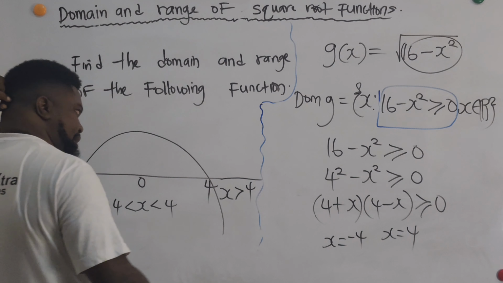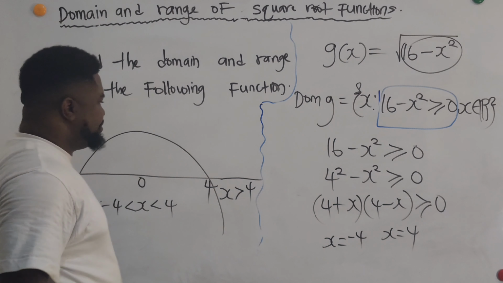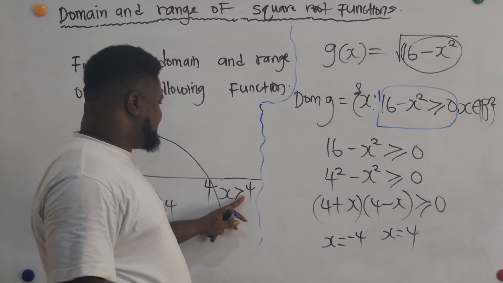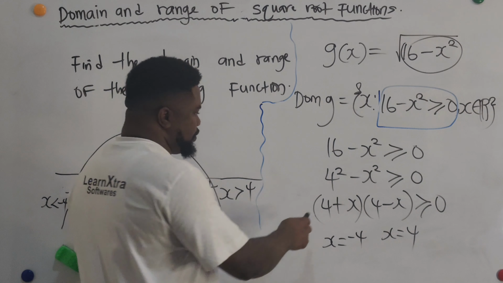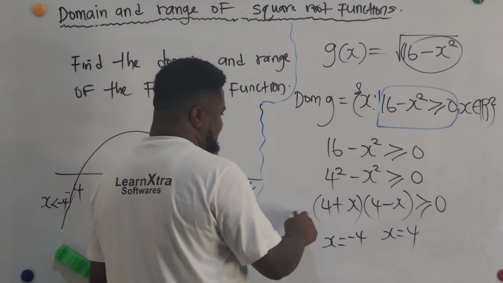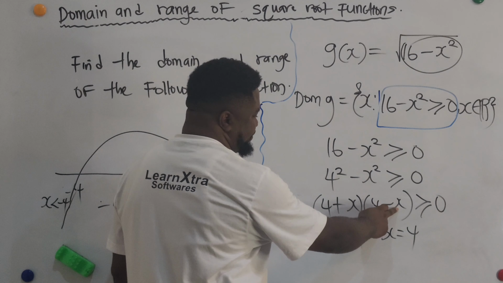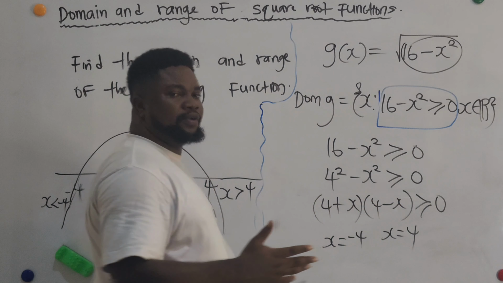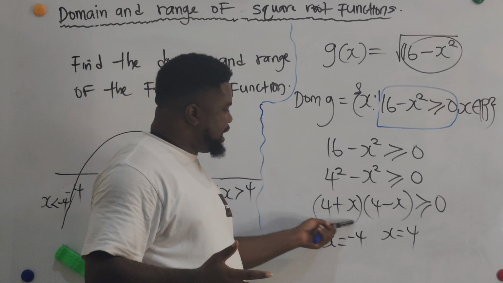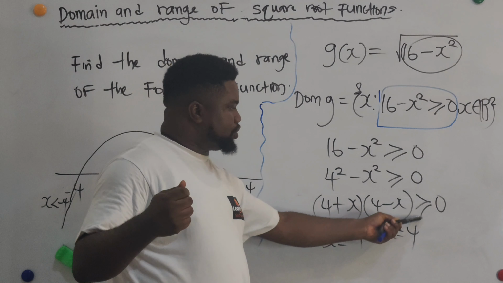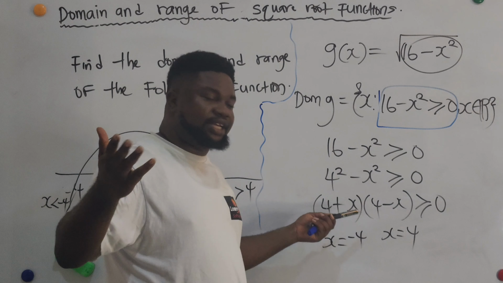Now let's pick a number bigger than 4. For instance, let's take 5. So 4 plus 5, 9. 4 minus 5, minus 1. 9 times minus 1 is minus 9, negative.